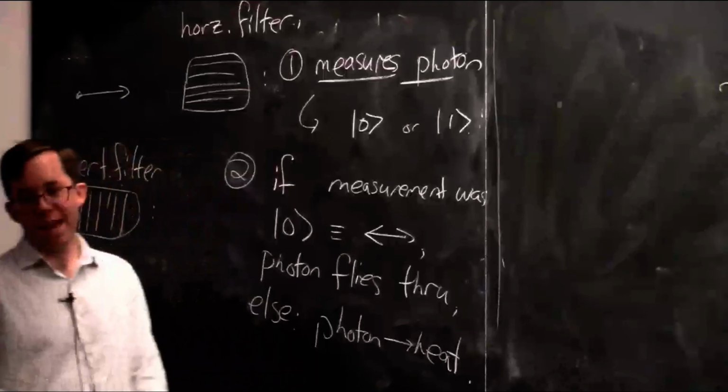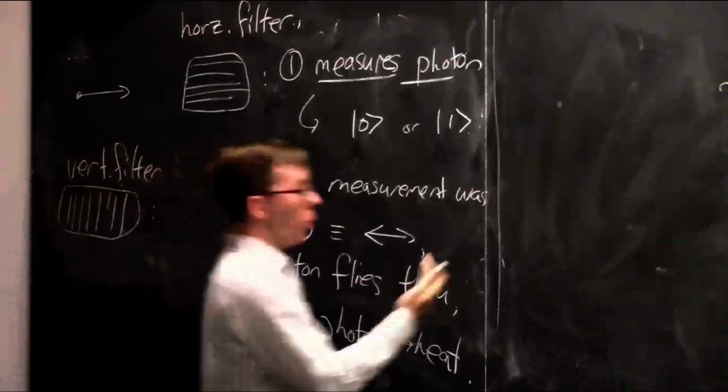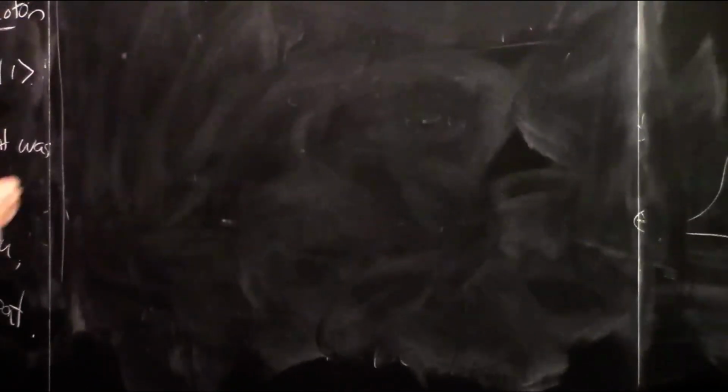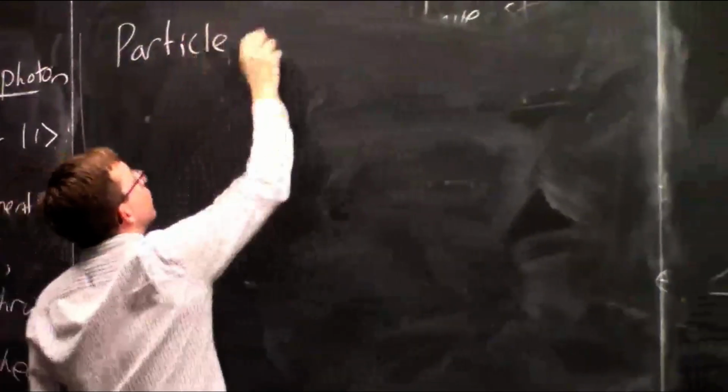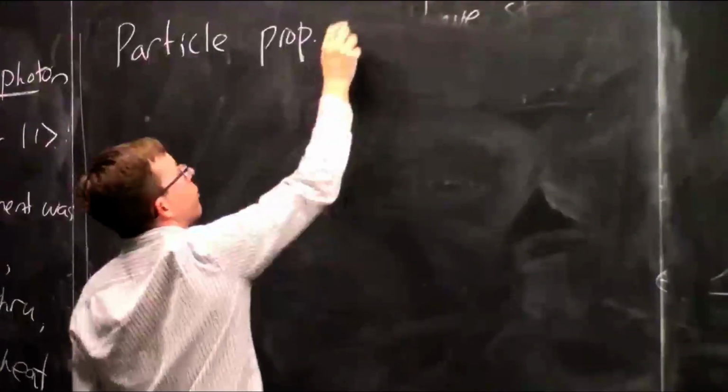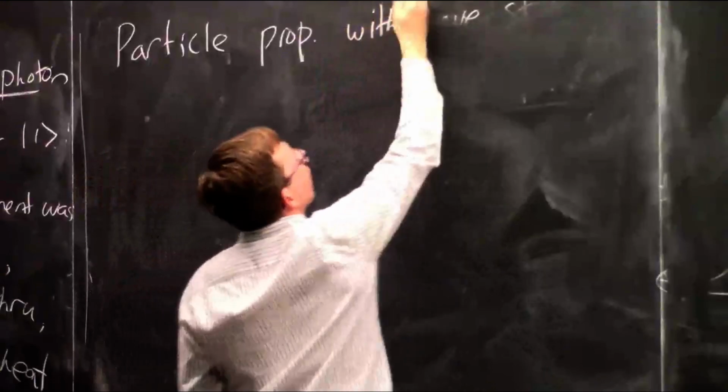Okay, let's get back to the math. One thing I have to tell you is this is all about a qubit, when there are two quote-unquote basic states. It's also perfectly possible to have a particle property with 3 basic states.